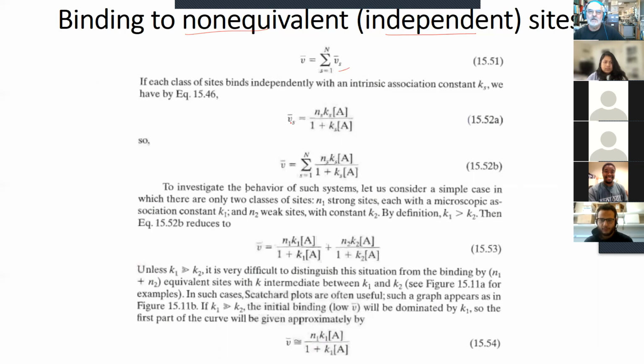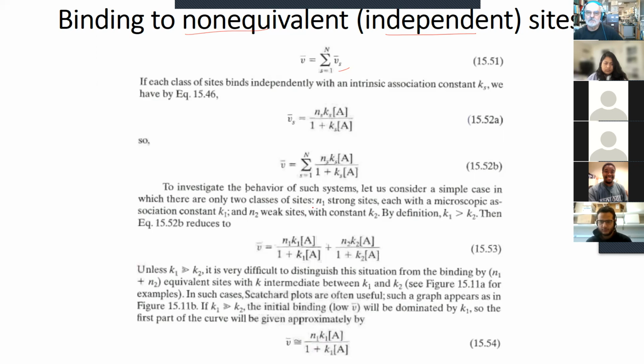Okay, and in general, each one of these can be written down in this same fractional saturation form, N_S, K_S, A over 1 plus K_S A, but then you have to sum over all of the different classes of sites. S equals 1 to, notice now we're going to capital N for different classes of sites. Okay, so you could have high affinity numbers of sites and low affinity numbers of sites, where there are multiple high affinity and multiple low affinity.